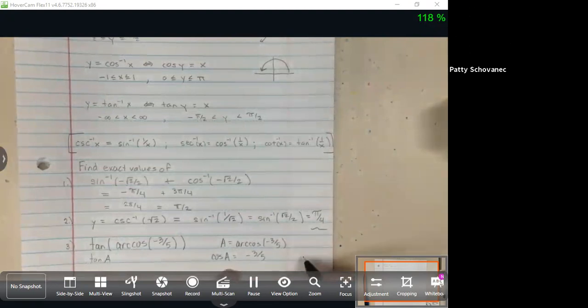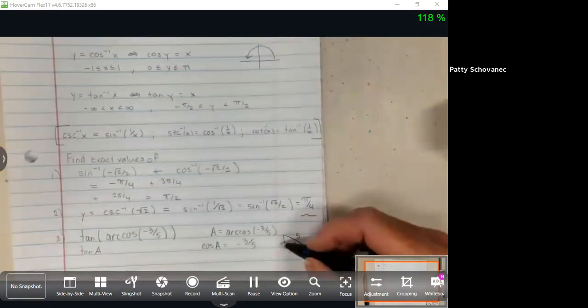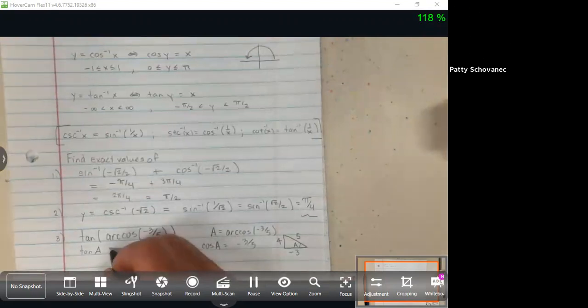Just draw your quadrant 2 triangle. Quadrant 2 goes back in the x, up in the y. The adjacent side will be the negative 3. The hypotenuse will be 5. What's the opposite side going to be? It will be a positive 4 because y is positive in quadrant 2. And now looking at that picture, I can see the tangent of that angle is 4 divided by -3.